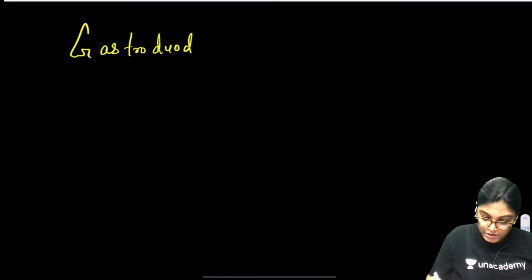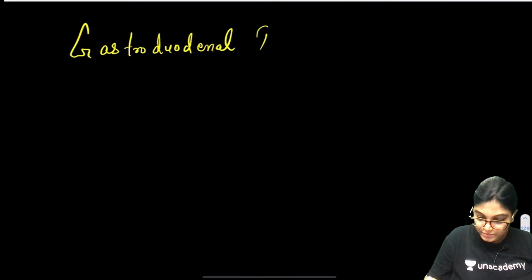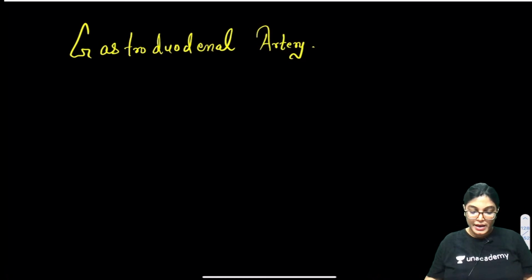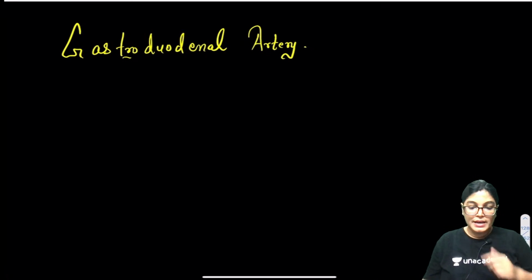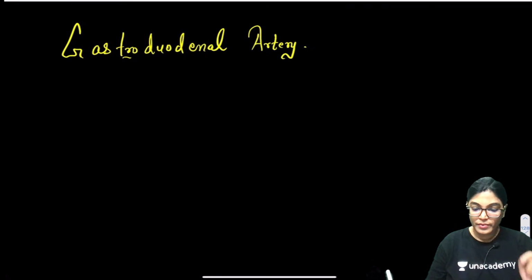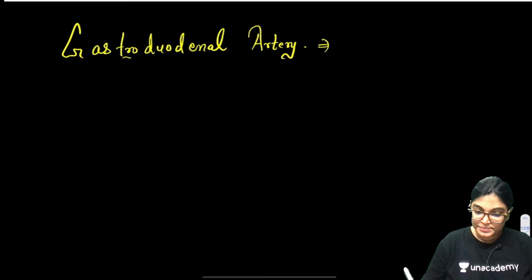And I would like to write the gastroduodenal artery branches because the question is about the gastroduodenal artery. So a few points about the gastroduodenal artery. Write down: gastroduodenal artery supplies, basically, which part?